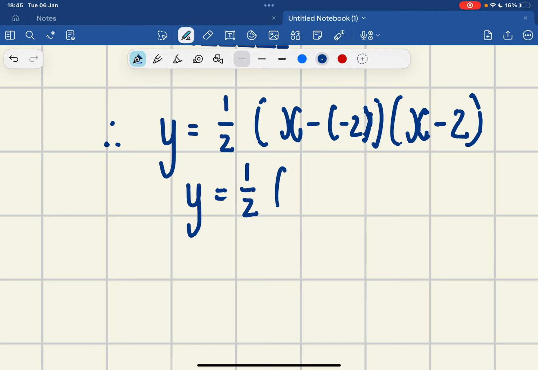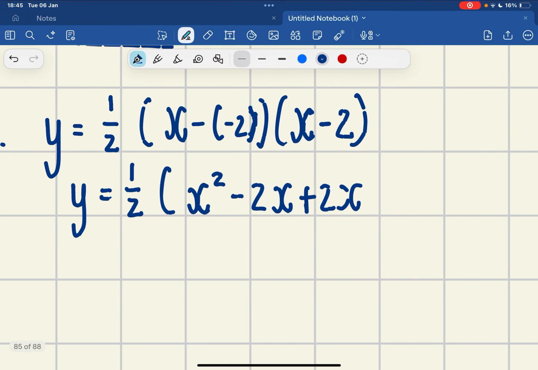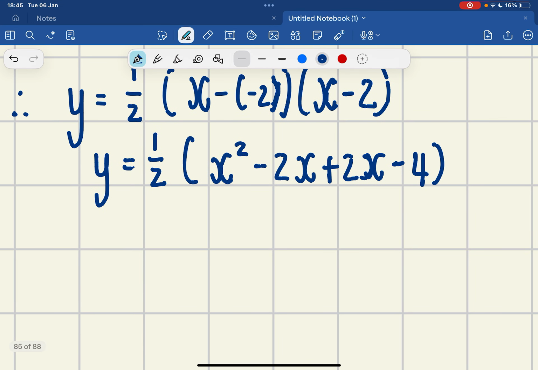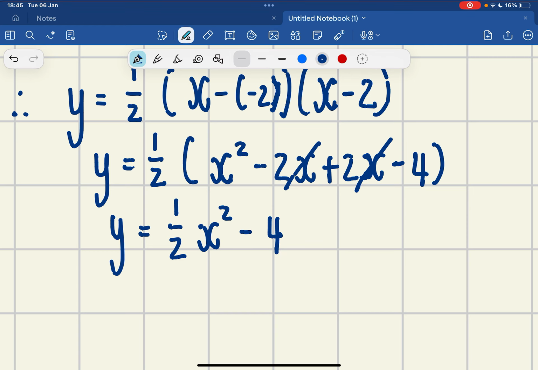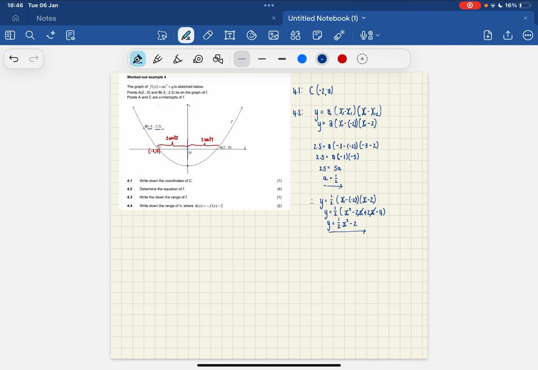So this will give me x squared minus 2x plus 2x minus 4, which would then give us y is equal to a half x squared. These would cancel each other out, minus 2. So this would be your answer.